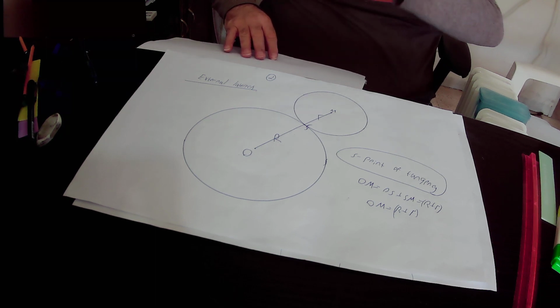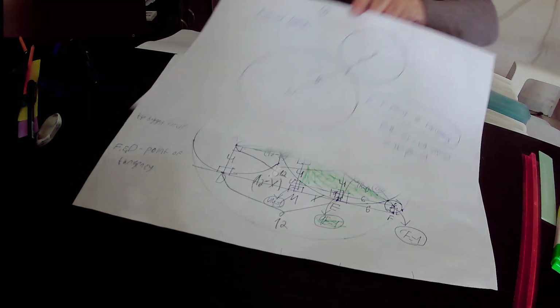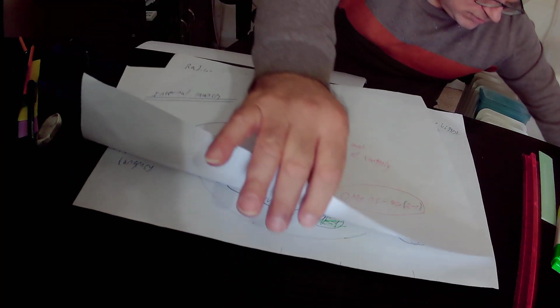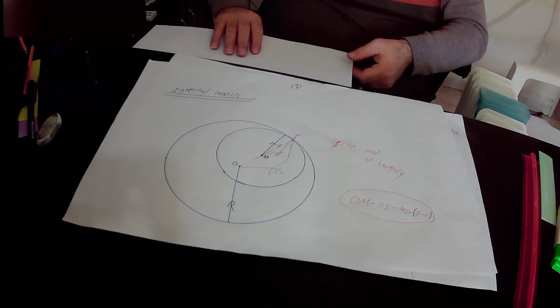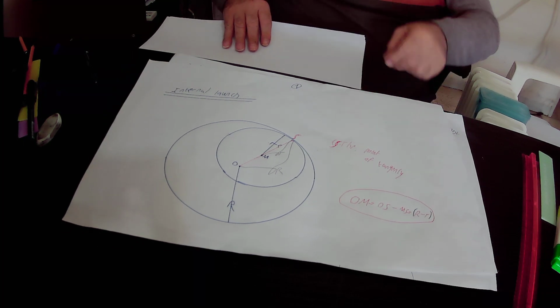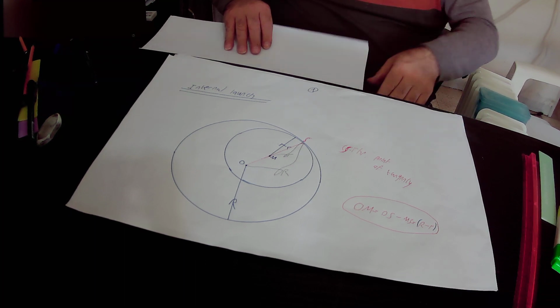This is the first type of tangency between two circles, and the second type of tangency between two circles is when the two circles are touching each other internally, that is the internal tangency.